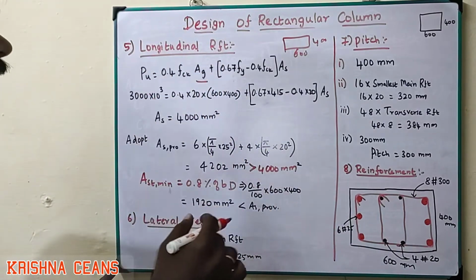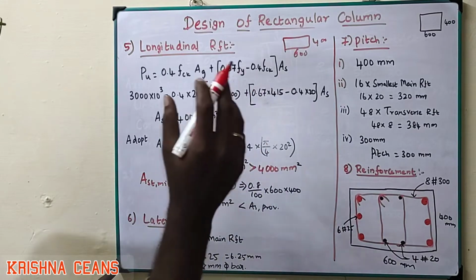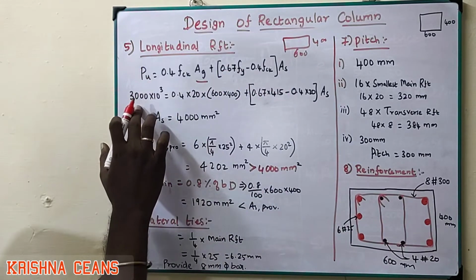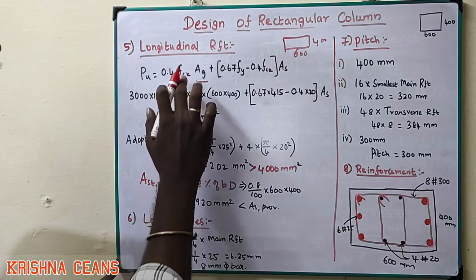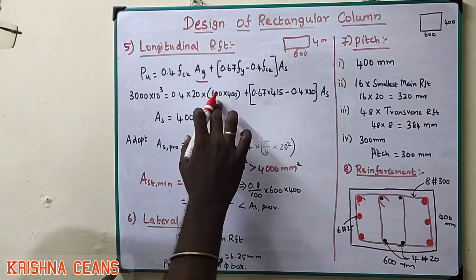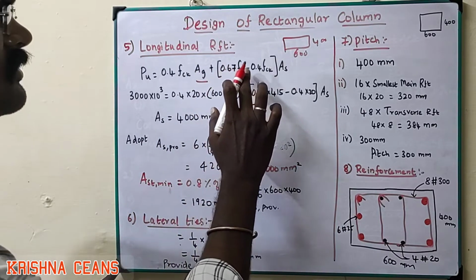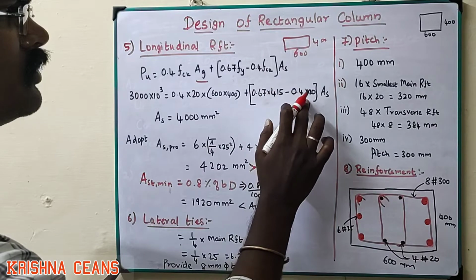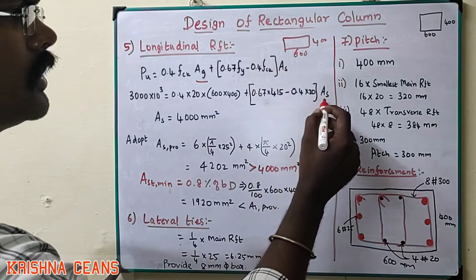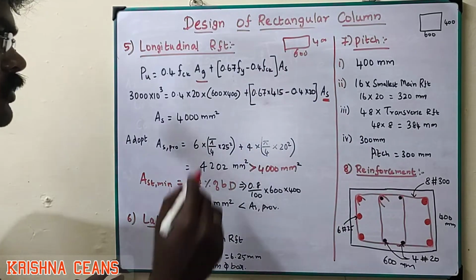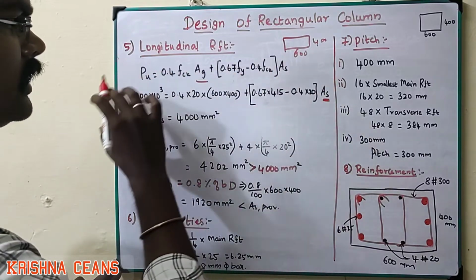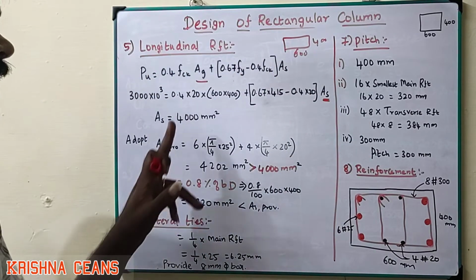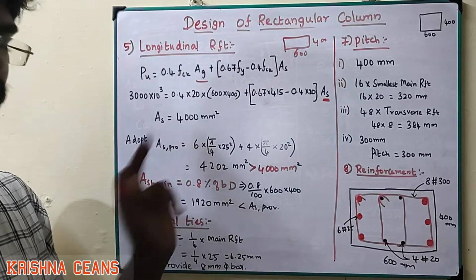So substituting all the values: Pu is 3000 kilonewton, 0.4, fck is 20, Ag is 600 into 400, then 0.67 into 415 minus 0.4 into 20, into Asc, which is the unknown value. Solving, we get about 4000 mm square.